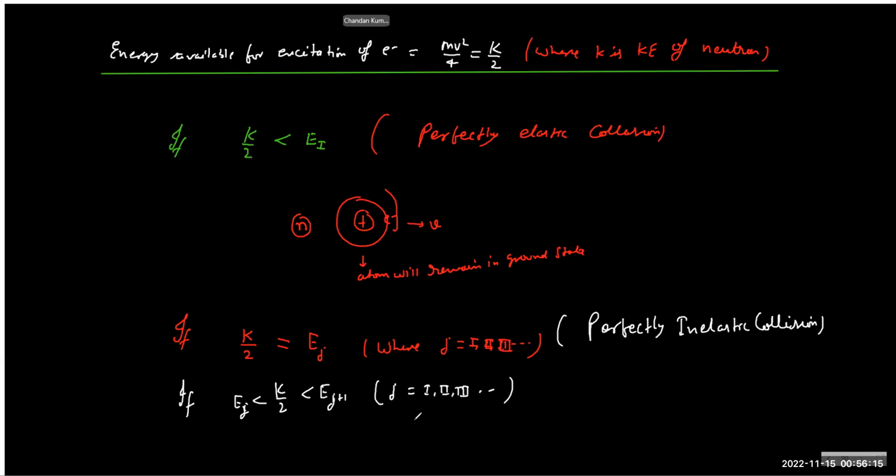The atom will go to the first excited state, and the remaining energy will be available as kinetic energy. So partially energy will be absorbed, partially will be left out. Because you cannot go to 2, but you can at least cross E1. Because the first condition is met, the electron will take the energy and go to the first excited state, and the energy is more than the first. So this is called a partially elastic collision.